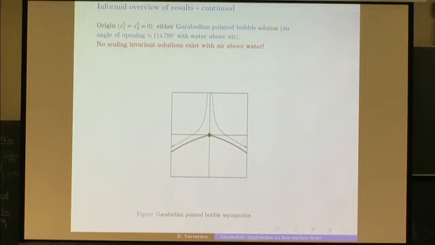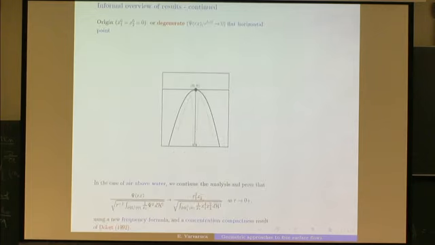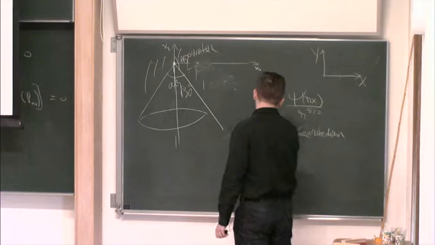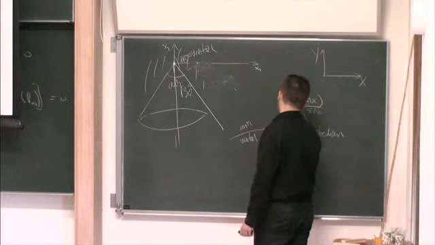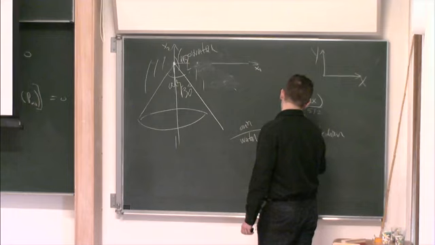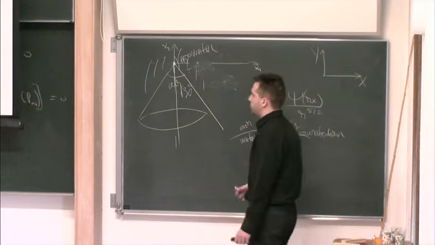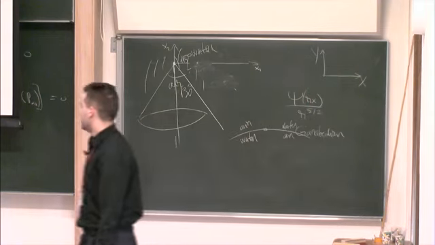Or we could get 0 in the blow-up limit, and that would be a degenerate point. With the invariant scaling, you get 0. This would lead to a flat free surface, which can have either air here and water here, or water here and air here. So both of these are possible.